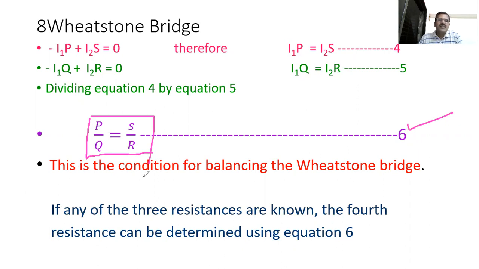This is the condition for balancing the resistance bridge. If any three of these resistances are known, then we can determine the fourth resistance by using equation number 6.